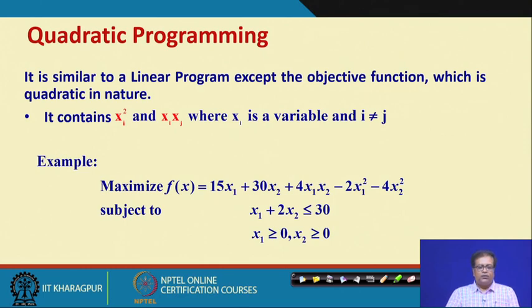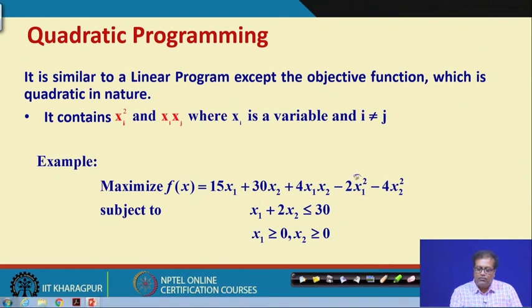Then we have what is known as quadratic programming. Quadratic programming is similar to linear programming, except that while the constraints are linear, the objective function actually contains quadratic terms, like x 1 square. So, you can see that we have the square terms and we have the product terms.